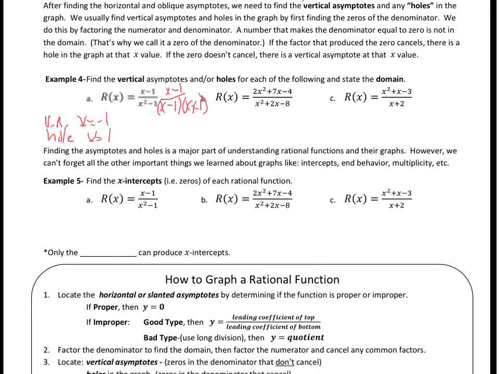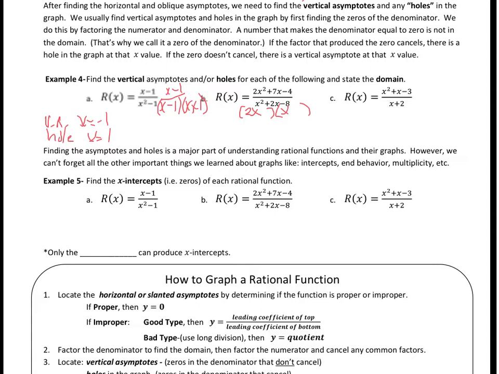All right, so now let's look at part B. Again, what we have to do is factor the top if we can, factor the bottom if we can, and then see if we have any common factors. So the top on part B, so we got 2x and x.